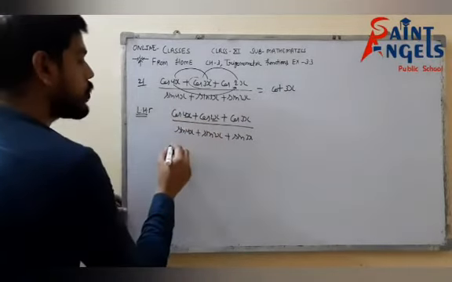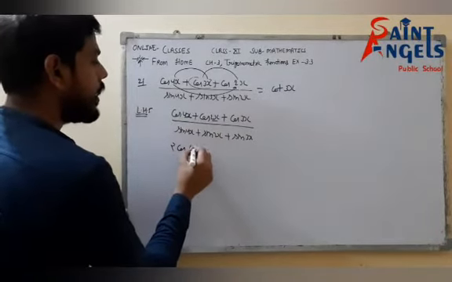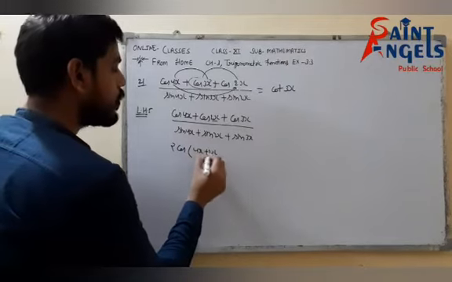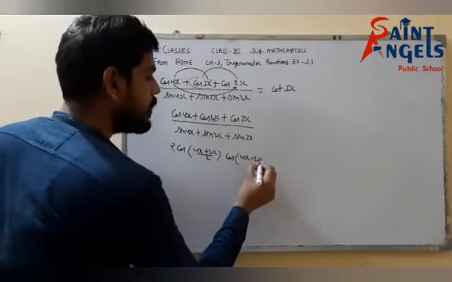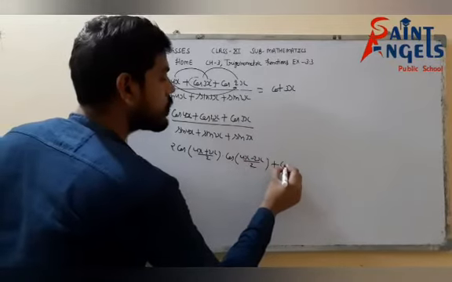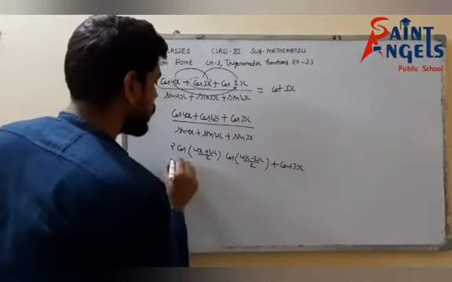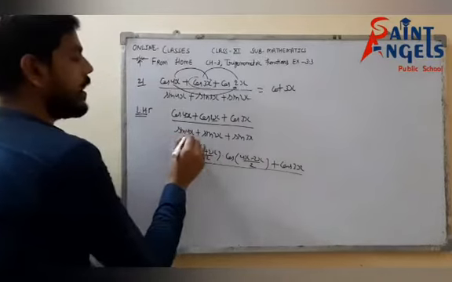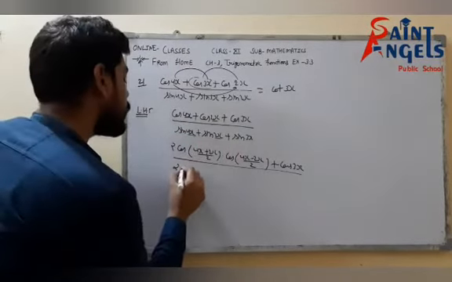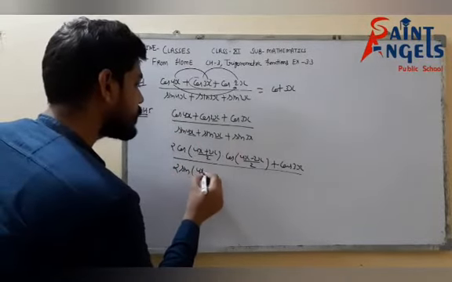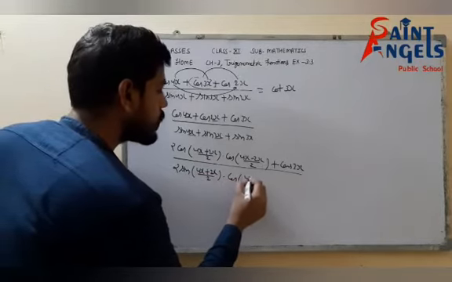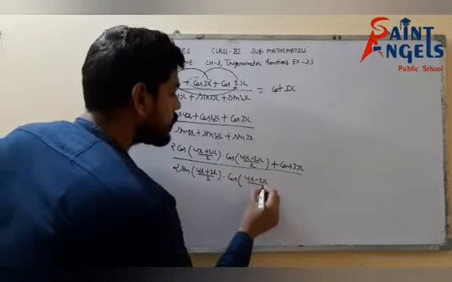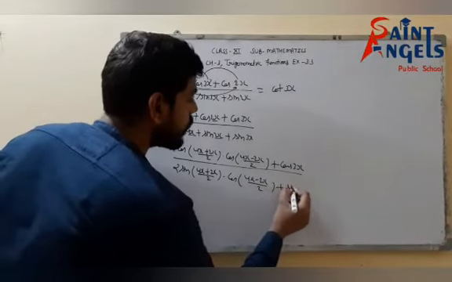So cos A plus cos B is 2 cos (A plus B) upon 2 into cos (A minus B) upon 2, plus cos 3x, upon sin A plus sin B, which is 2 sin (A plus B) upon 2 into cos (A minus B) upon 2, plus sin 3x.